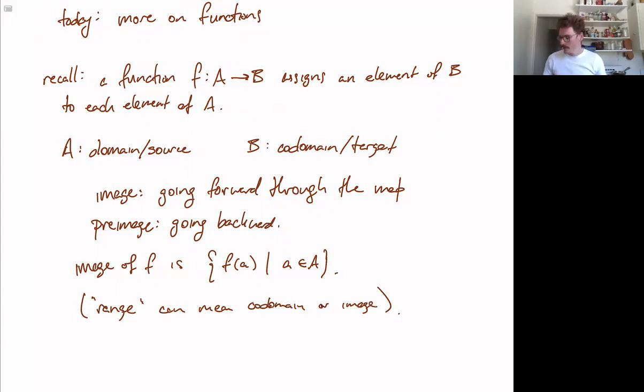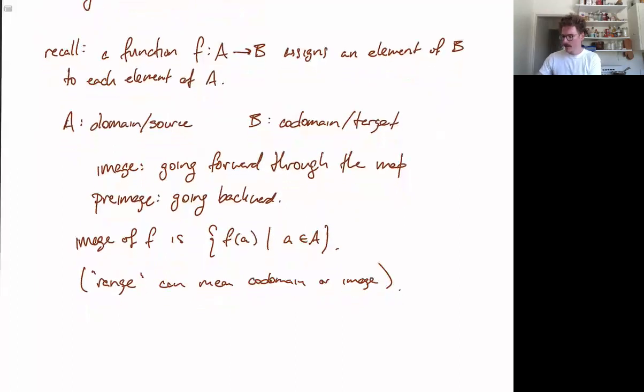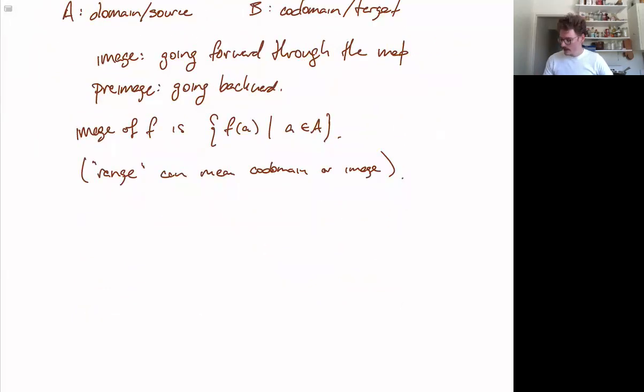So let's start in on some basic function operations. So first, we're going to start by considering functions whose codomain is the real numbers. And I guess later, functions whose domain and codomain is the real numbers.